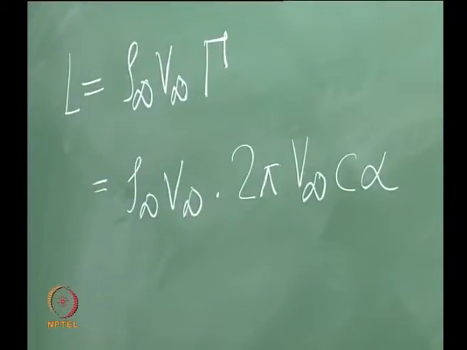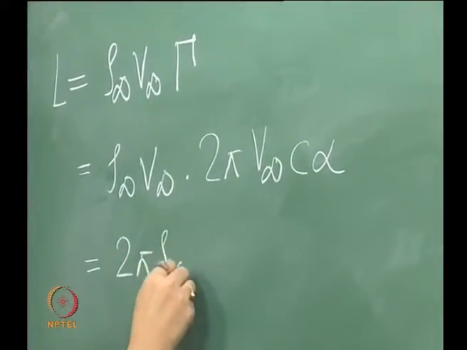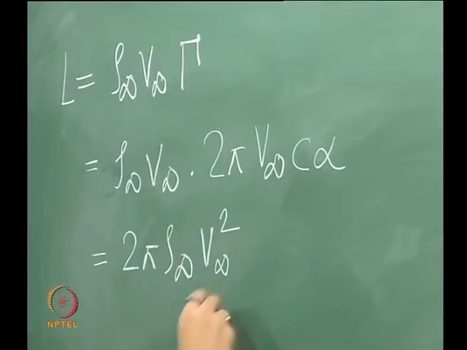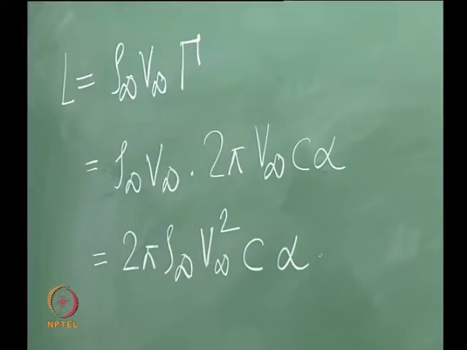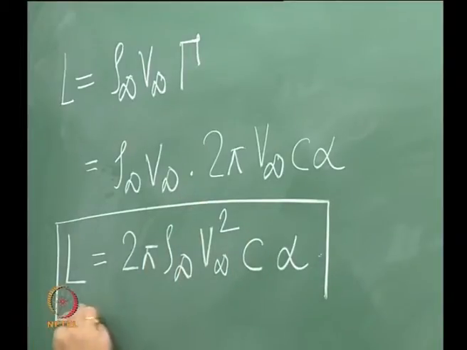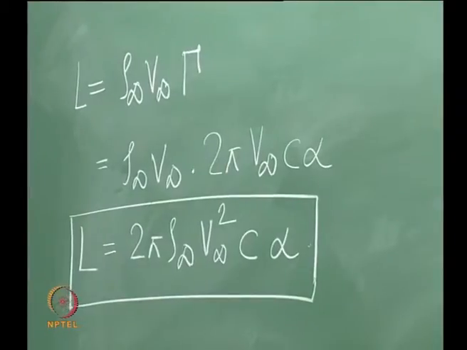If I do that, what I get here is 2 pi rho infinity v infinity square alpha c. So, this is my lift.